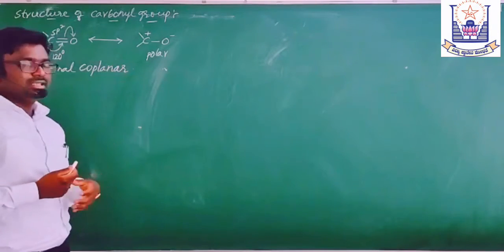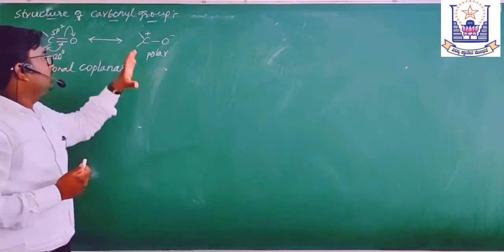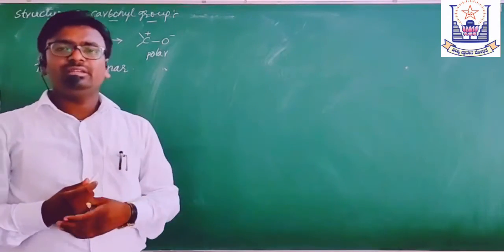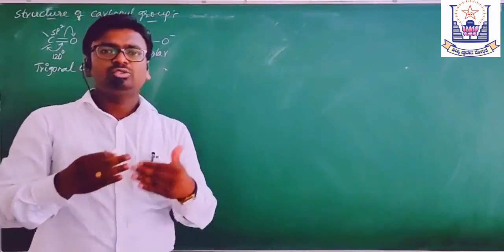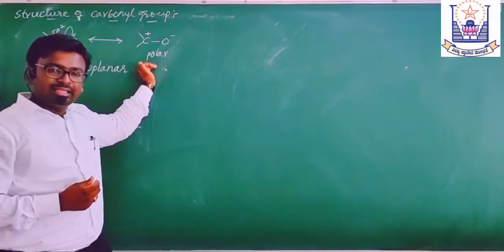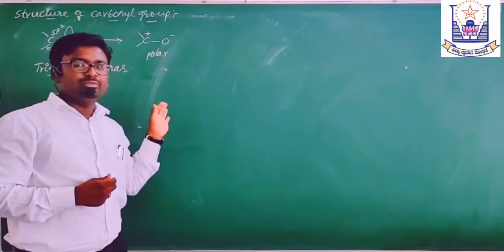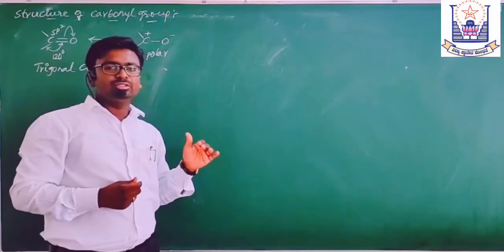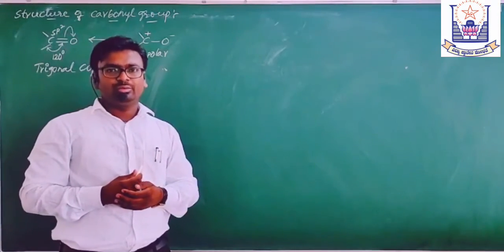Due to this polarity, the lower members of the carbonyl compounds are miscible with water, because polar dissolves in polar. Aldehydes such as acetaldehyde and ketones like acetone are readily soluble in water.